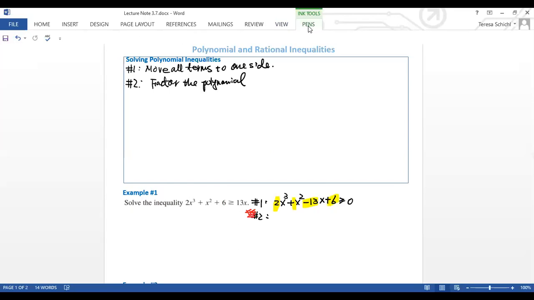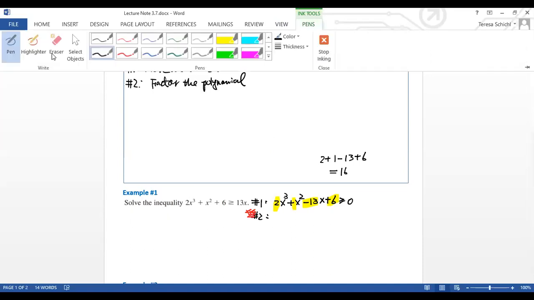So for example, when you add these coefficients together, this is 2 plus 1 minus 13 plus 6. So 2 plus 1 is 3, minus 13 is minus 10, plus 6 is 16th, okay? Oh, not 16, I'm sorry, I did not do my math.